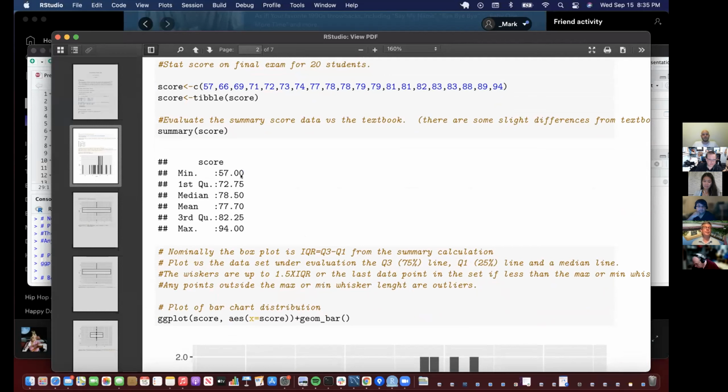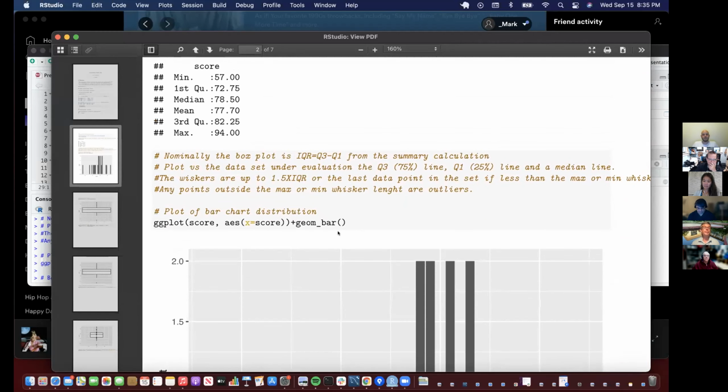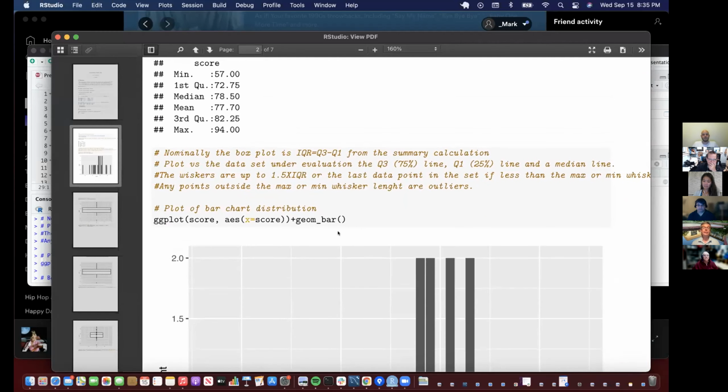So you'll see it when you do the plot, but basically for the box plot, if you're doing it manually, you're looking for the interquartile range, which is the 75th percentile minus the first quartile. Then you plot those two and put the median down, and then look for the whiskers, where the max range would be 1.5 times the interquartile range, or the last data point of the min or max. Anything beyond that would be the whisker length.